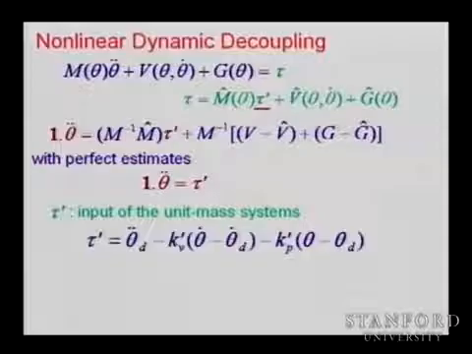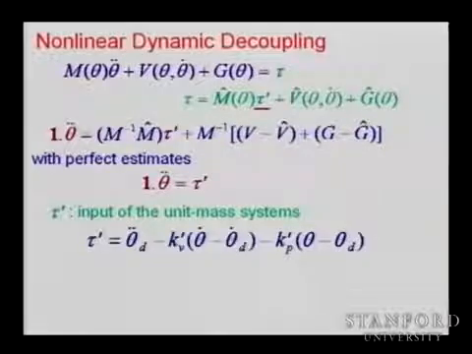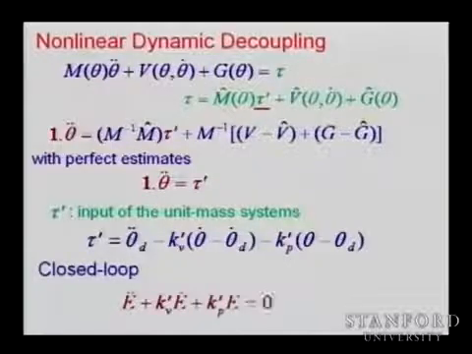So if you select your torque prime in this way, like this is a trajectory tracking to track theta desired, theta dot desired, and theta double dot desired, then you are going to be able to achieve a closed loop in this form if you have perfect estimates.